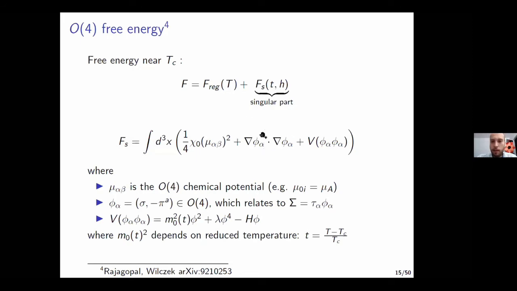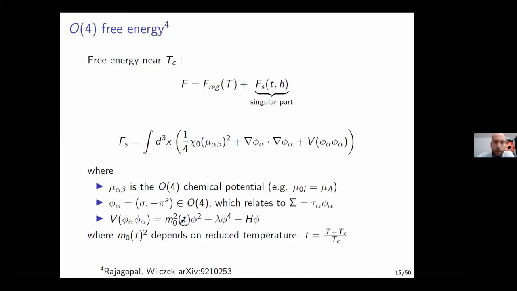Then you have this gradient term of the O(4) vector, which is just the sigma and pion field. This is related to the sigma by being dotted with the Pauli vector. And finally, you have a potential term, and this is where we modeled the phase transition behavior.